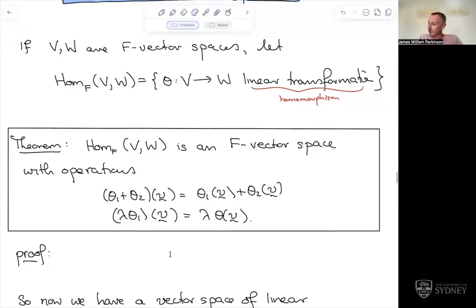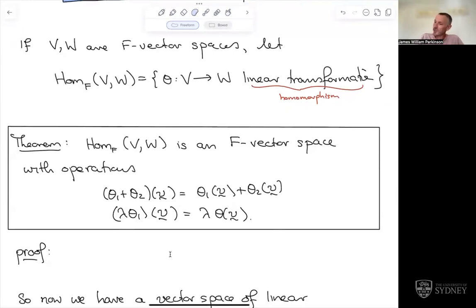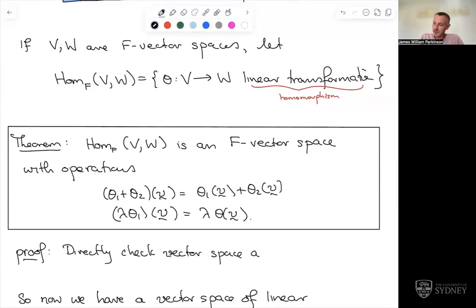I won't go through the proof of that. We can't use the subspace criteria because we don't have this sitting inside some bigger vector space. So we just need to directly check all of the vector space axioms.